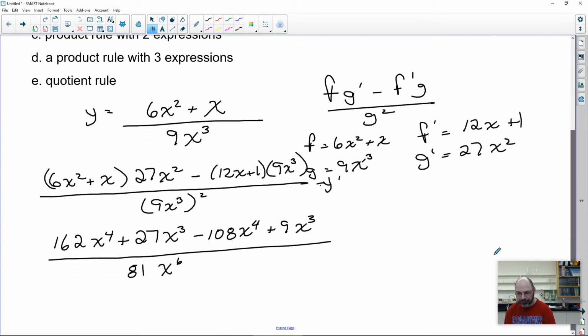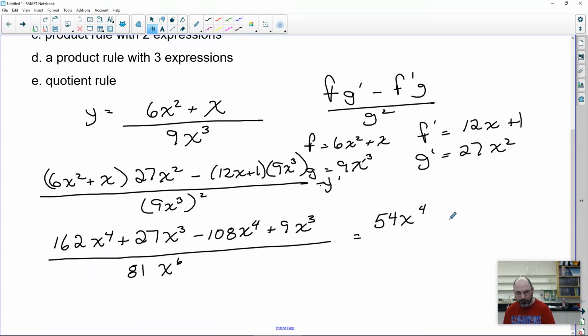Okay. And then if we want, we can simplify this by subtracting those two. So that would be 162 minus 108. That gives us a total of 54 x to the fourth there.